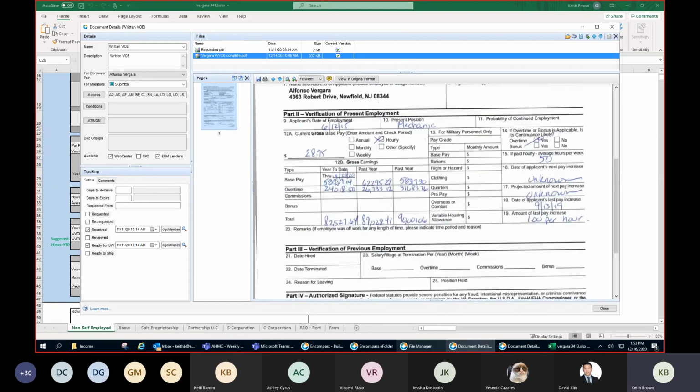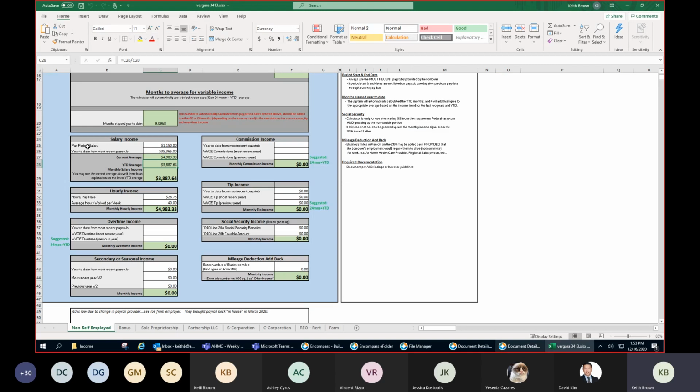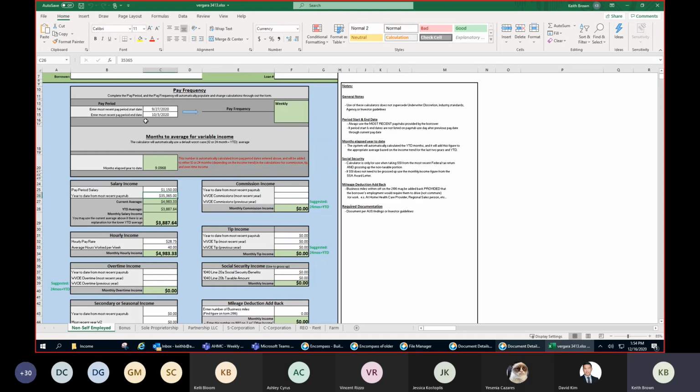Now my VOE had 58,509 through 11/27, right? But my pay stub only had 35,365 as of 10/3. So he went from 35 to 58.